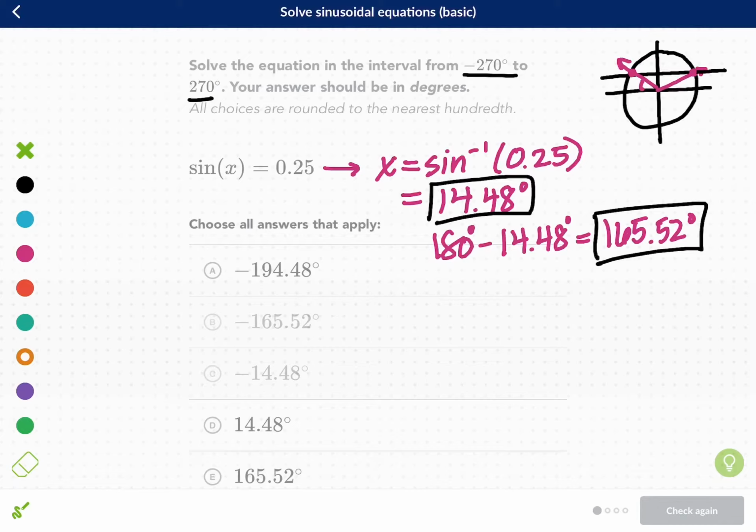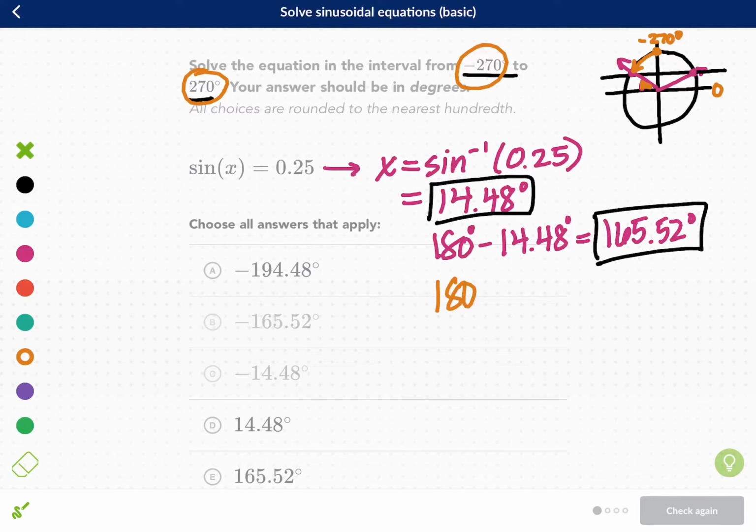But let's actually make our way around the unit circle, or around the circle with the guidelines they gave us, starting at negative 270 and going all the way to 270. So if this is 0, this up here is negative 270 degrees. As I start going around the circle, bam, I hit my very first iteration of that angle. And if this right here is still 14.48, well, then this is just 14.48 past 180.